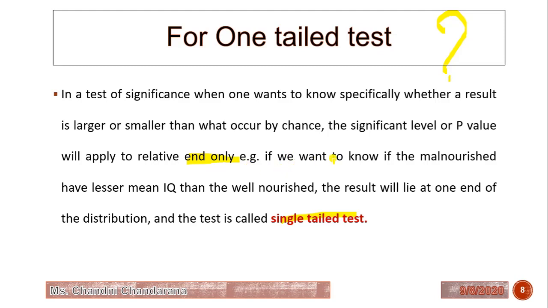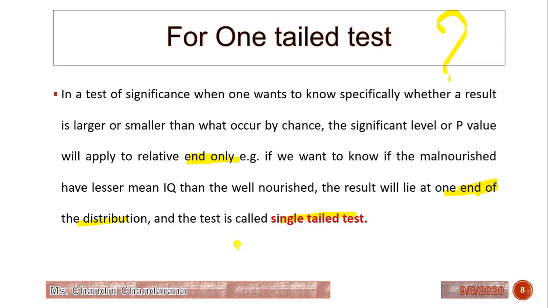For example, if we want to know whether the malnourished have a lower mean IQ than the well-nourished, then the result will lie at one end of the distribution, and that end is called a tail. That's why this test is called a single-tail test.